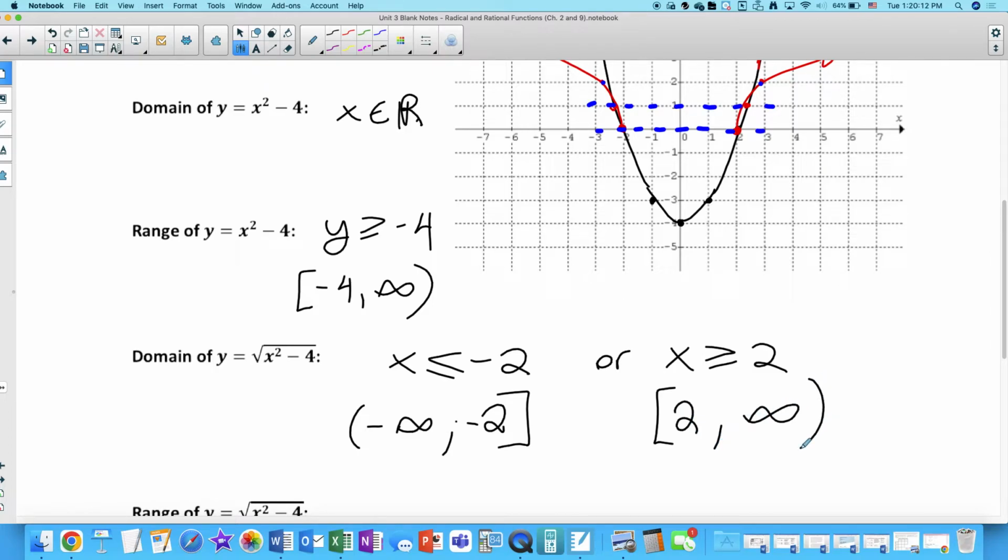Okay, and then we use a symbol in between, which comes from set theory, and it's the union symbol. It means we're joining these two regions together to create the domain. The union symbol is an elongated U. Kind of looks like that. So we're saying this interval unioned with this interval makes the domain.